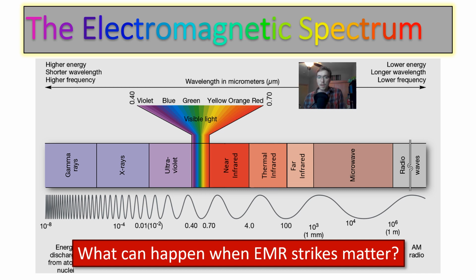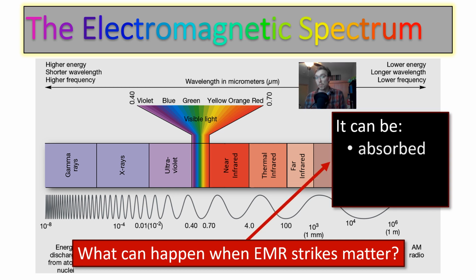So what happens then when electromagnetic energy or radiation strikes matter? Well, it can be absorbed, redirected, unaffected, it can just pass through.